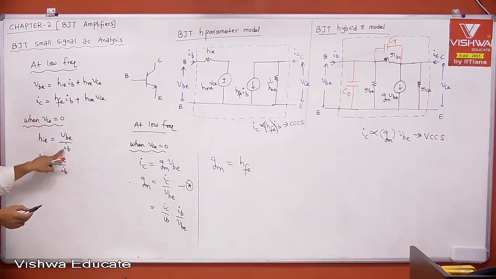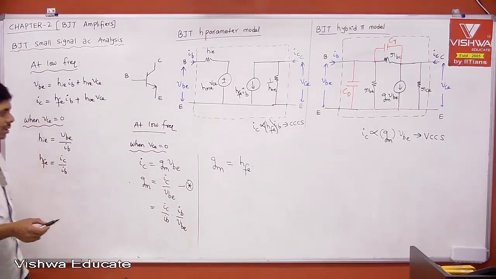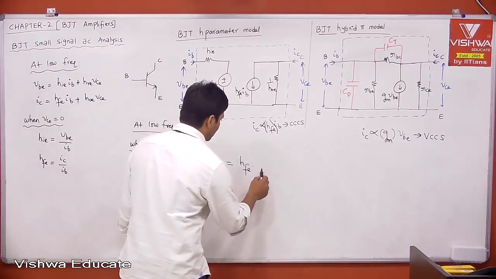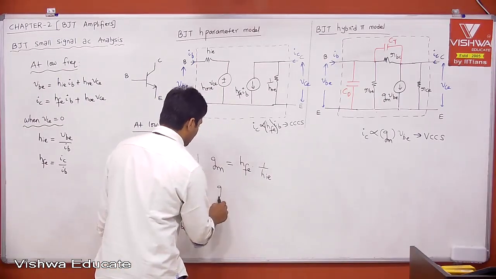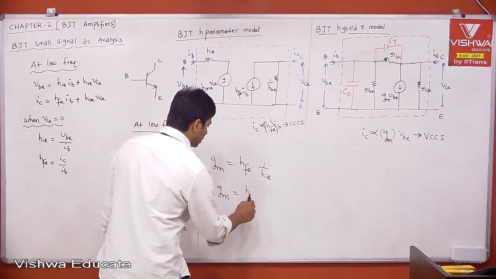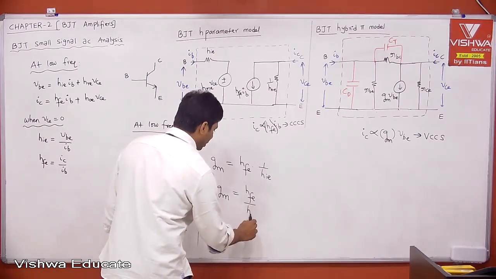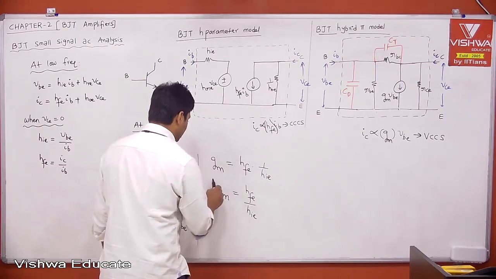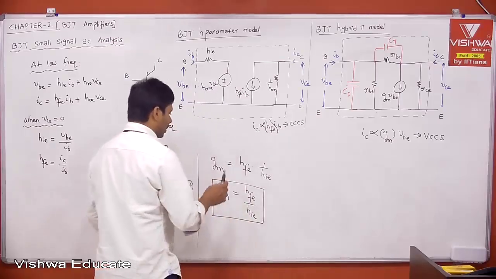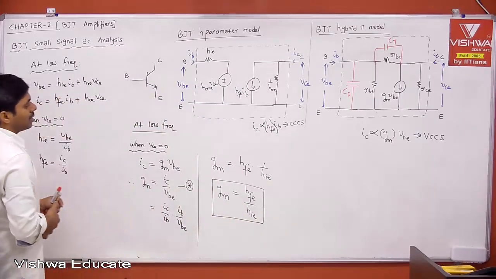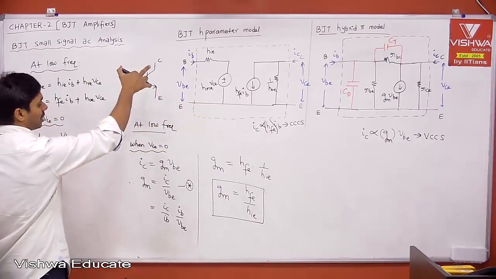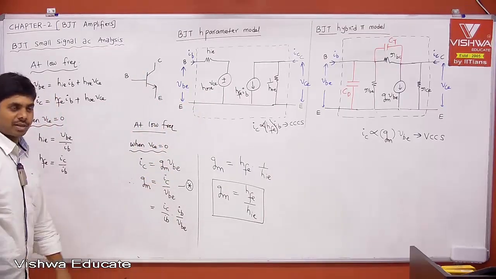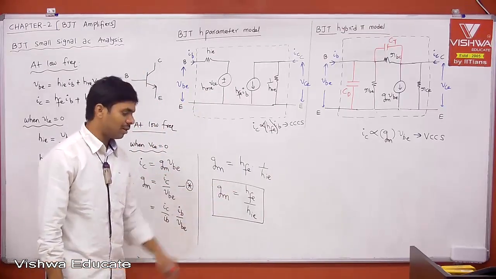When VCE is equal to 0, what is IB by VBE? 1 by HIE, right? Therefore, GM is equal to HFE divided by HIE. This is the relation between the hybrid pi model transconductance and the BJT H parameters. Therefore, GM is equal to HFE divided by HIE.